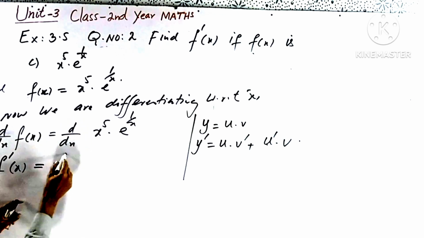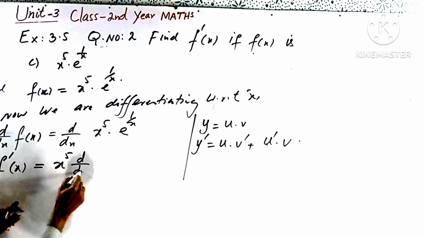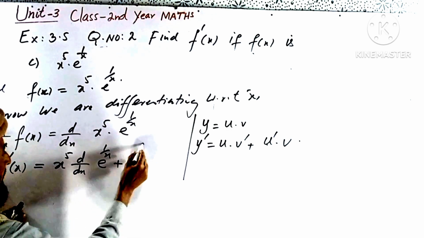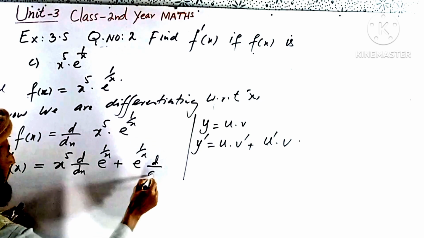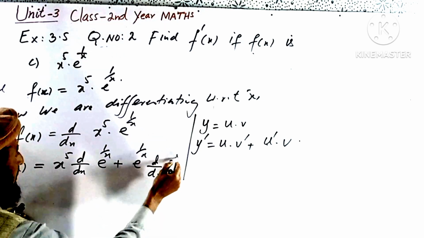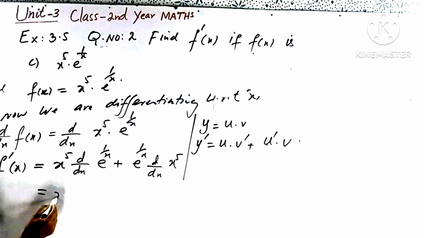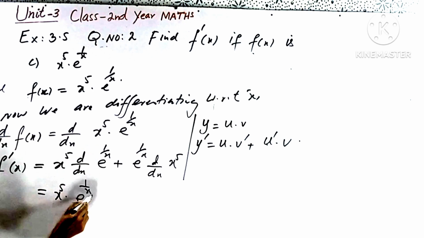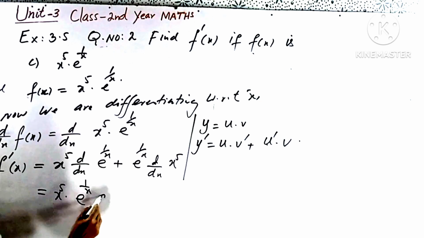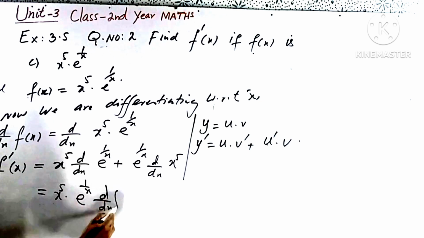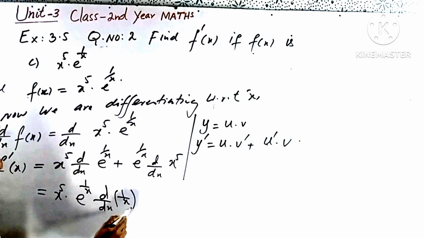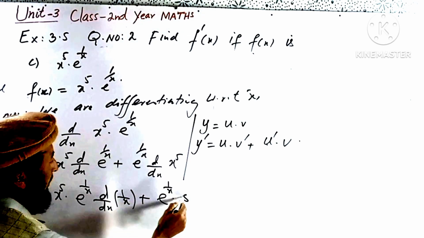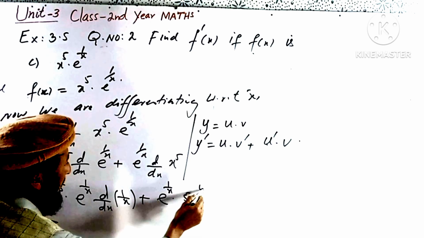So we are using the product rule: x power 5 times the derivative of e power 1 over x, plus e power 1 over x times the derivative of the u function x power 5. The derivative of e power 1 over x is e power 1 over x times the derivative of 1 over x, plus e power 1 over x times x power 5 and 5 x power 4.